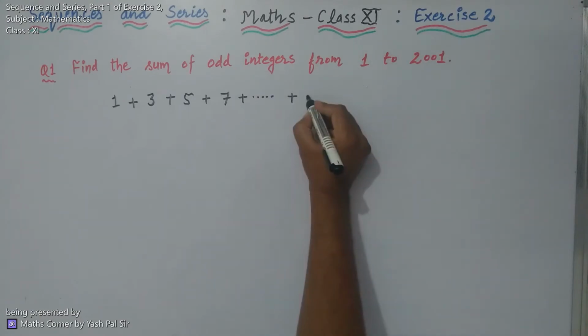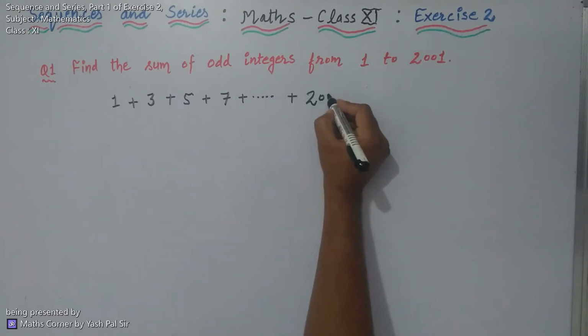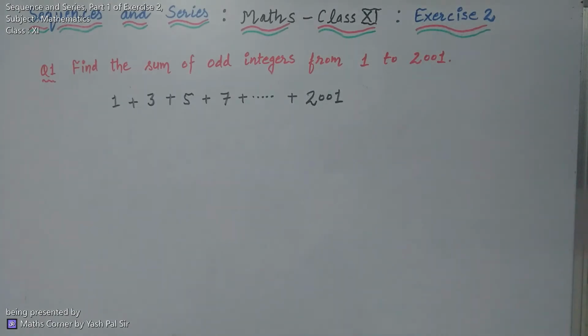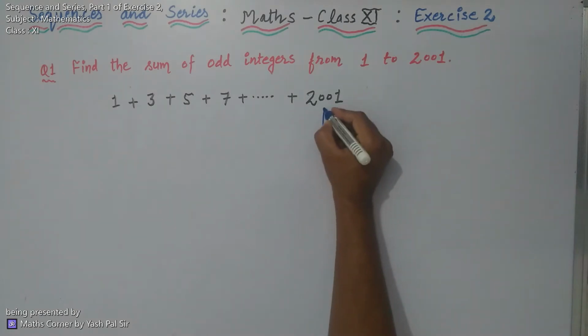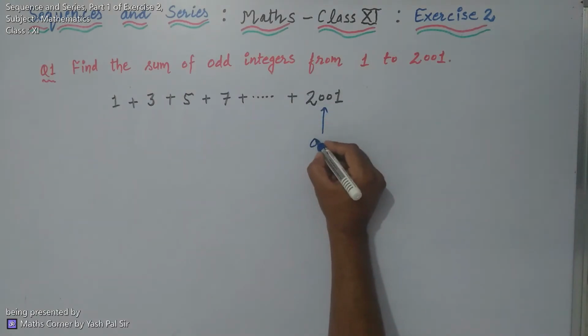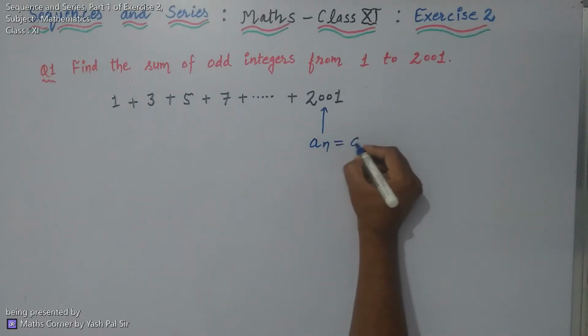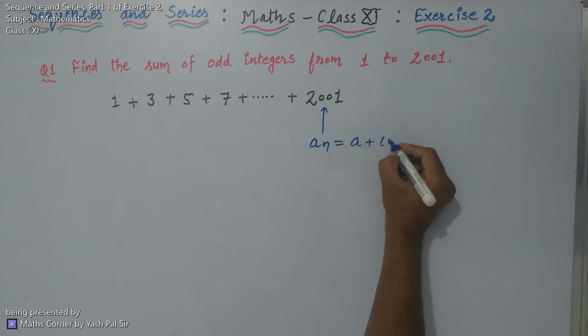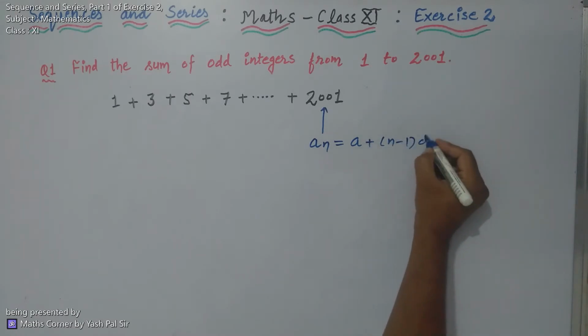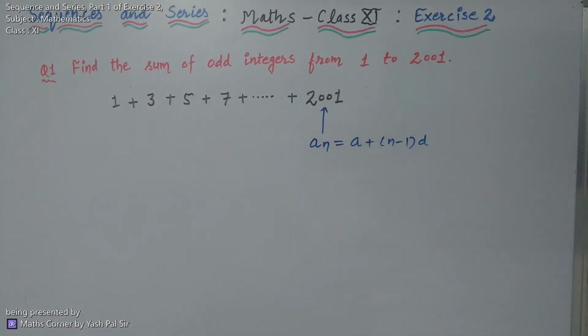Last we have 2001. Now what about this 2001? This is the nth term, and we denote the nth term by an, and the rule of an is a plus n minus 1 into d, right?